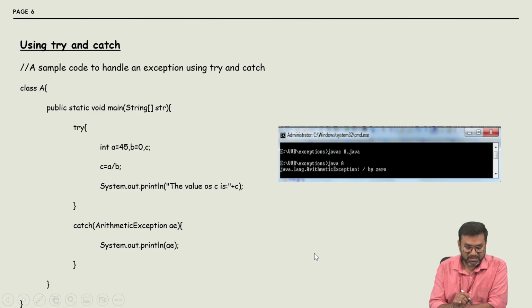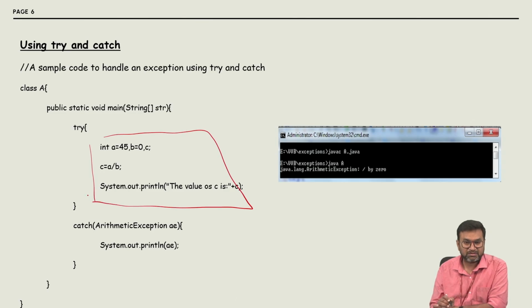See here, I am going to handle some exception using the Java exception handling mechanism keywords. What are the keywords? Just now we have seen try, catch, and finally. Here in our application, I am using try and catch. This is the doubtful code I am keeping inside the try block. Here, what is the value of A? 45, B value 0, and here I am computing this expression.